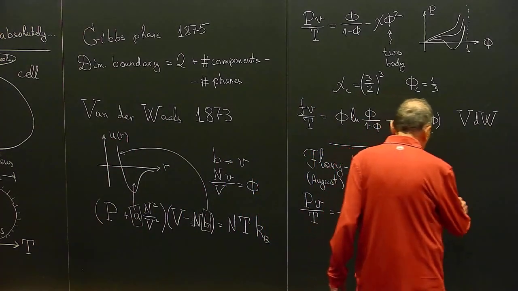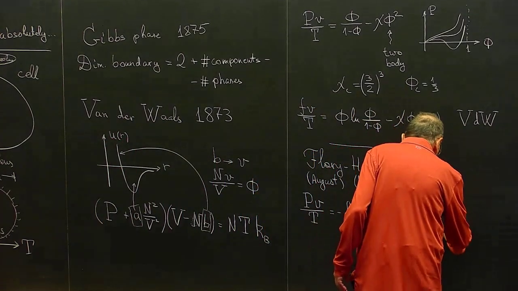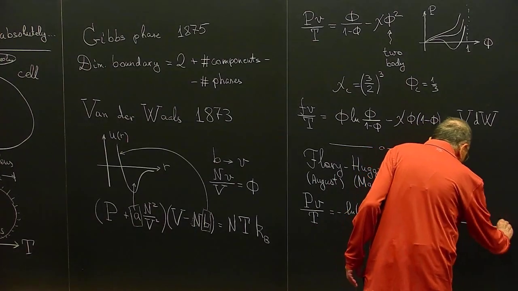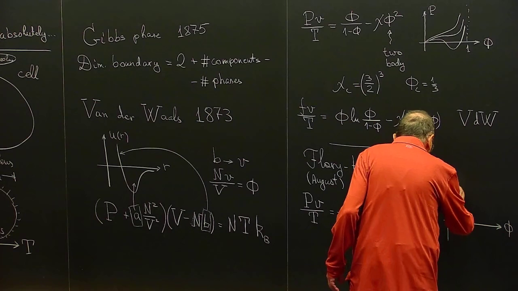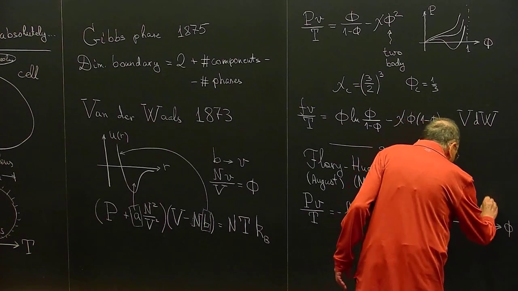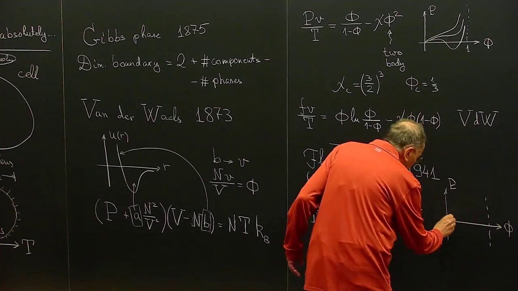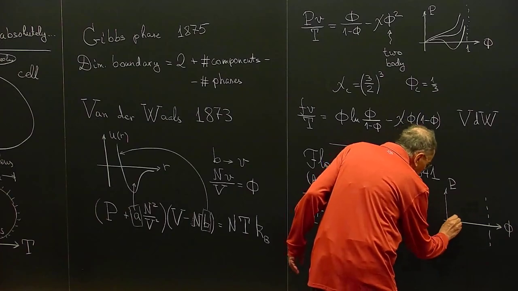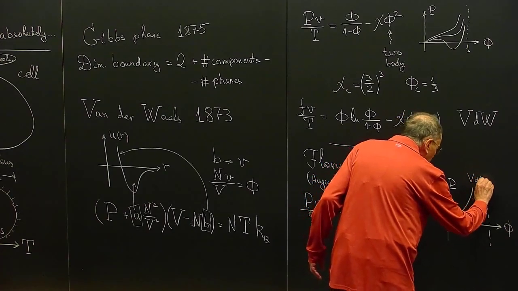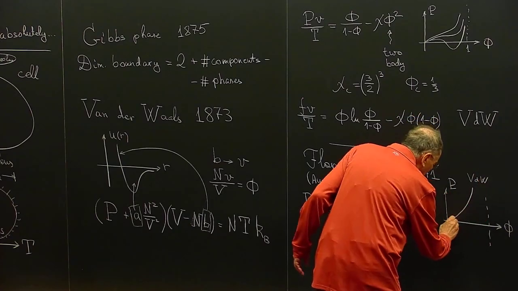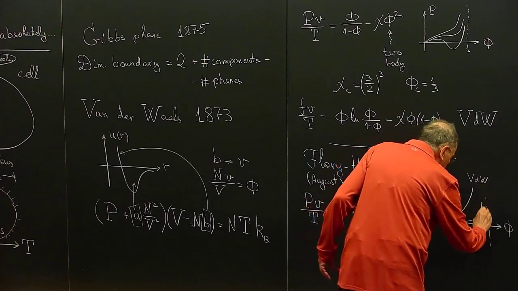So if I plot pressure as a function of density, for instance, van der Waals would go like this, and Flory-Huggins would go like this.